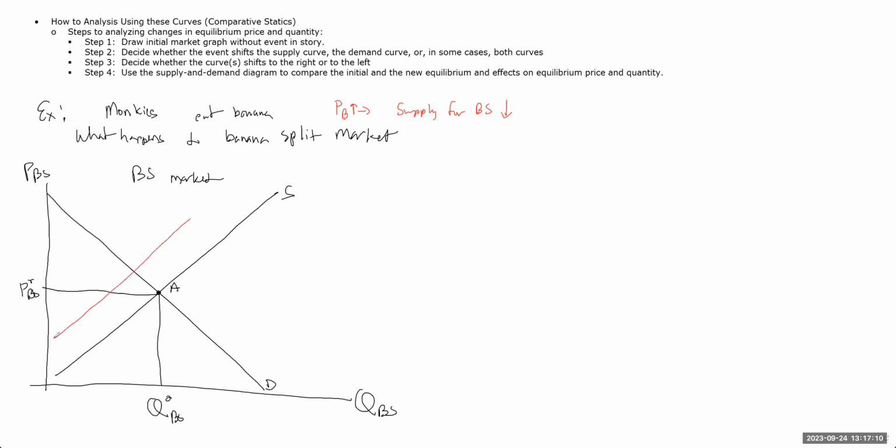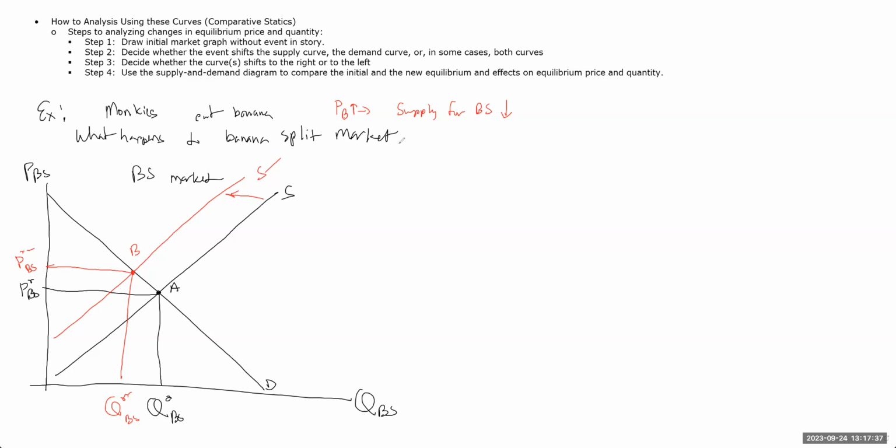The banana split supply curve decreases like this. This is the demand curve. We find a new equilibrium right here at point B. Here's quantity double star of banana split, or BS, price of BS double star.